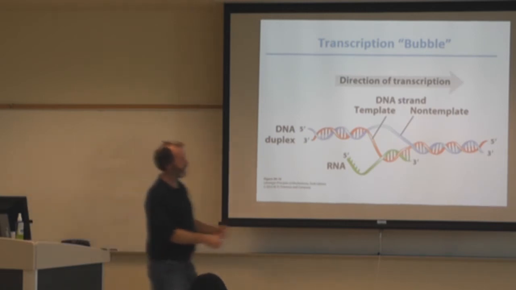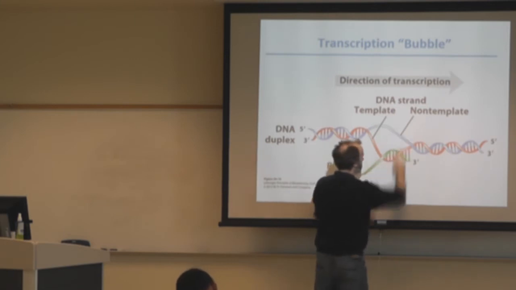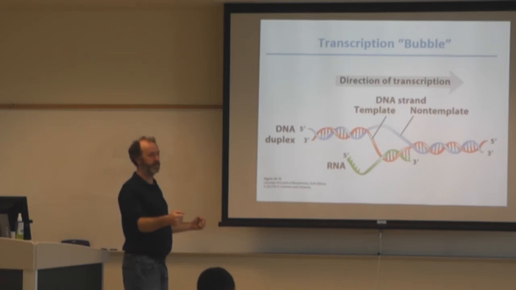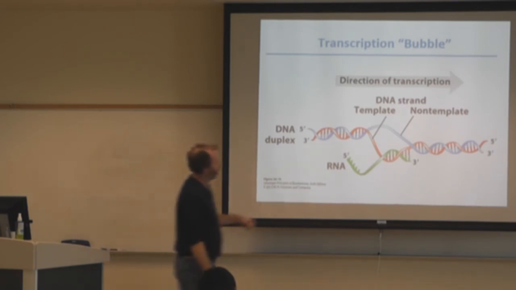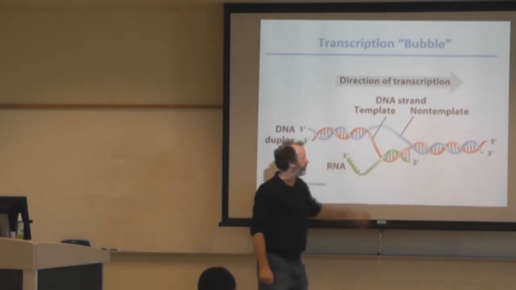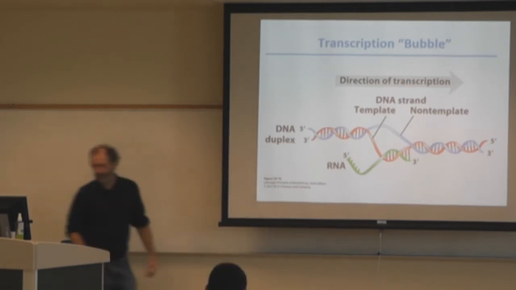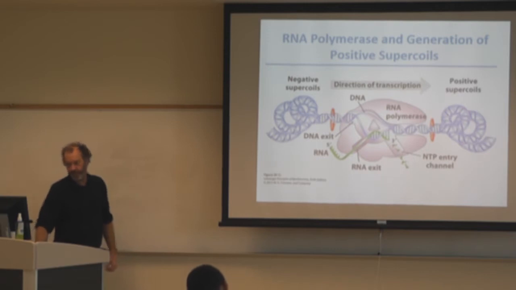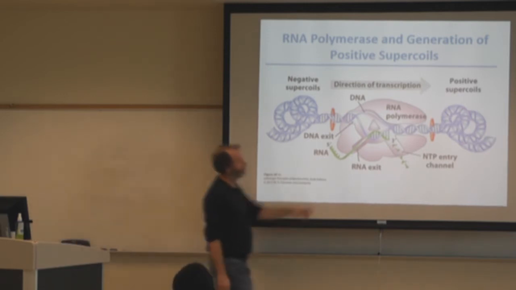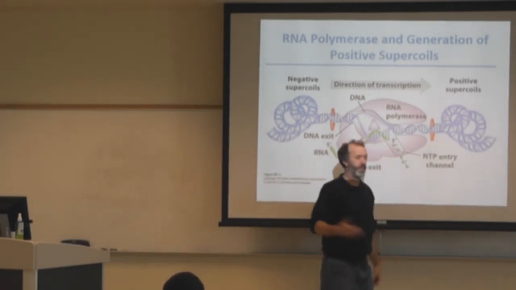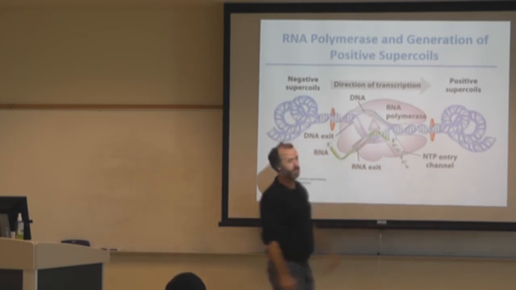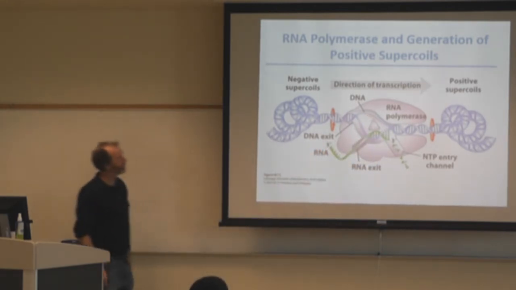It's just the bubble where you have the template and the coding strand separated, to make the RNA copy of that template. That's where RNA polymerase would be. So, you generate positive supercoils on the front, which will have to be relieved by topoisomerases. If you don't have those, you'll get to the point where you won't be able to separate those strands. Stall RNA polymerase.